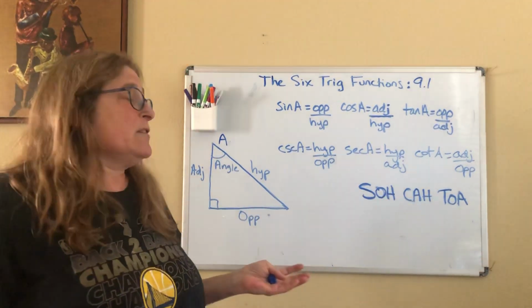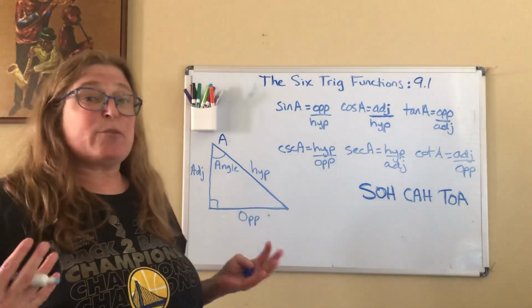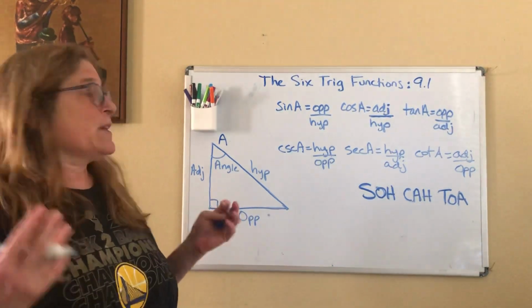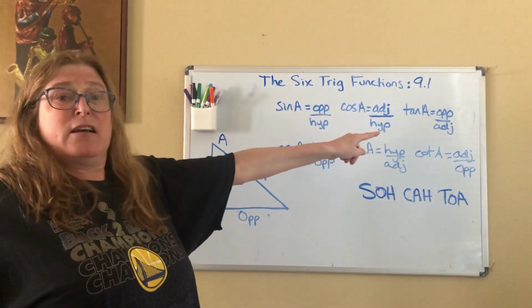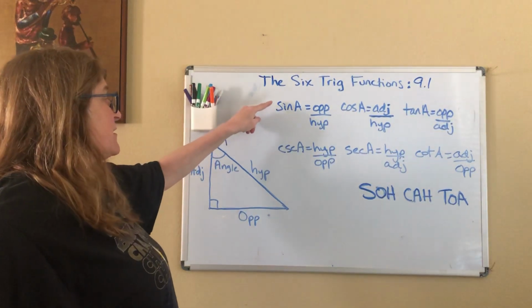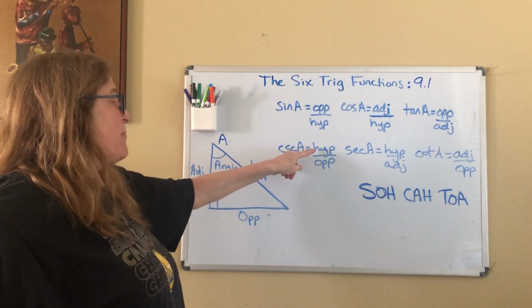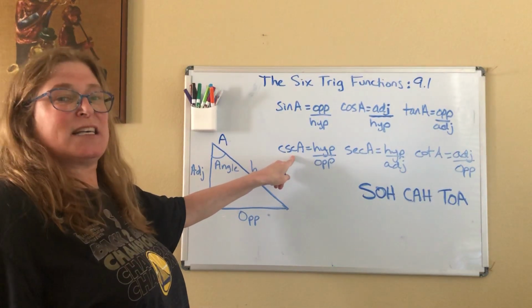Now maybe you didn't know this, but there are actually 3 more trig functions, and they're called the reciprocal trig functions, and that's because we get them by just flipping over our first 3 trig functions, the SOHCAHTOA trig functions. So if I flip sine over and make it hypotenuse over opposite, it's called cosecant, CSC.